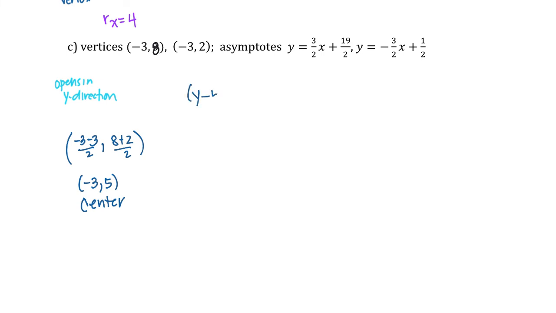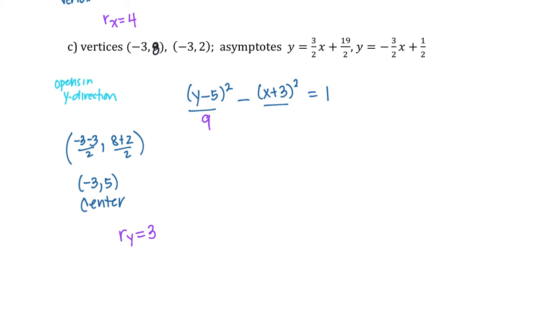So (y - 5) squared over something minus (x + 3) squared over something equals 1. Now let me look at the vertices. Since this opens in the y direction, I should be able to figure out the y radius. From (-3, 5) to (-3, 8), I have to go 3 units in the y direction. So the ry is 3, which I square and put there.